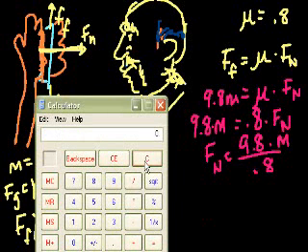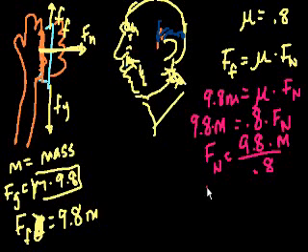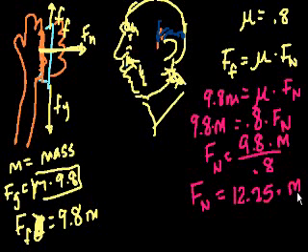What's 9.8 divided by 0.8? It is equal to 12.25. So the normal force that I have to apply is 12.25 times the mass. That's the force I am applying. We don't know the mass of the pie.